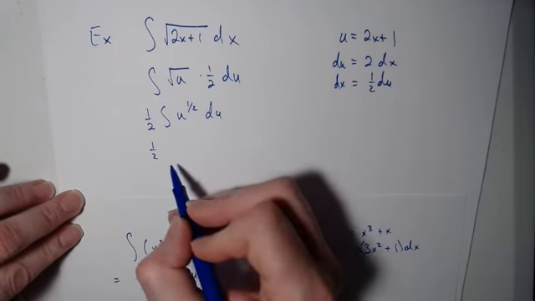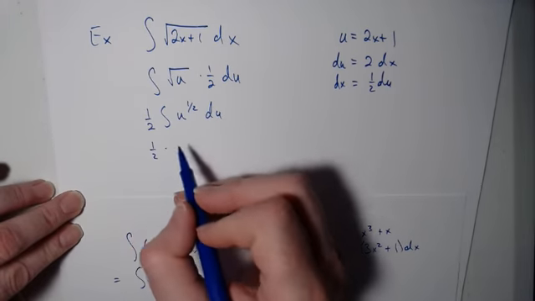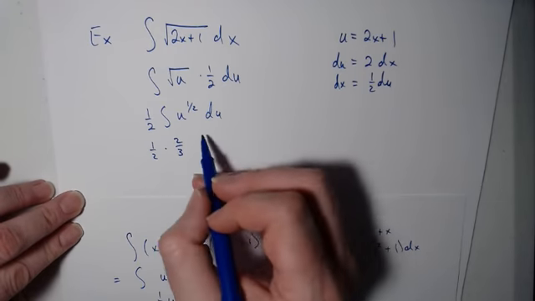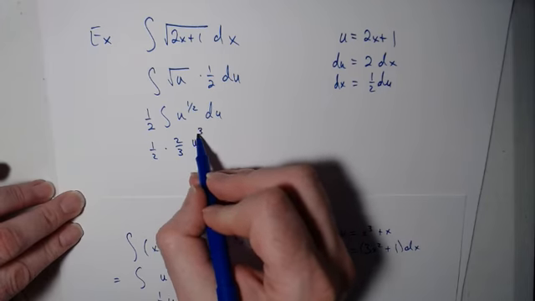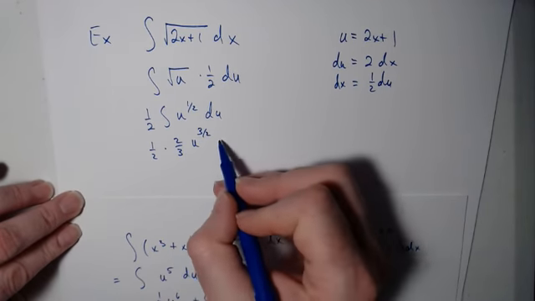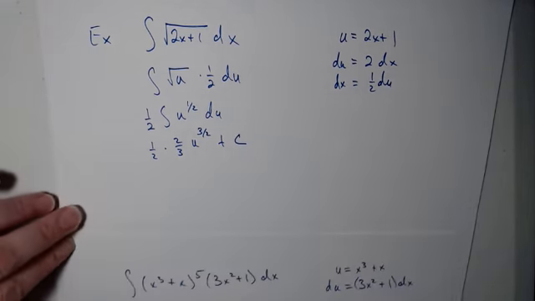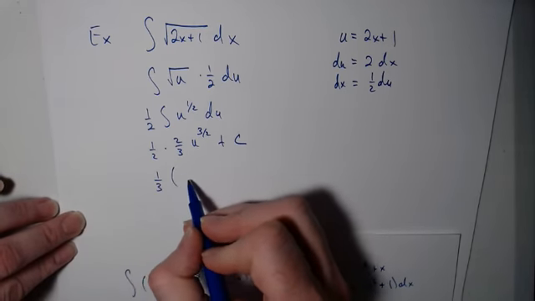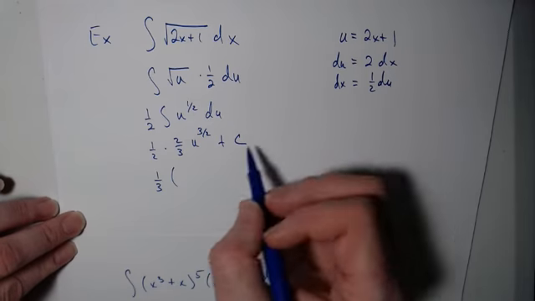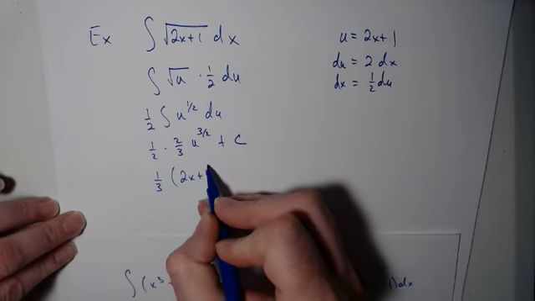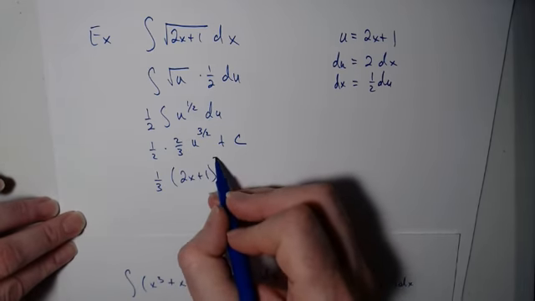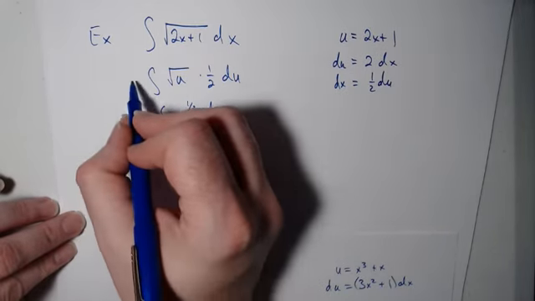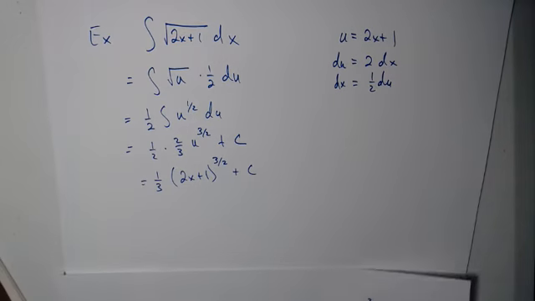So we use our power rule for integrals, and so that's going to be times 2/3 u to the 3/2 plus c. And so that's 1/3. U was 2x plus 1, so that's 2x plus 1. Got to back our substitution off, to the 3/2 plus c. I don't like equal signs today for some reason.